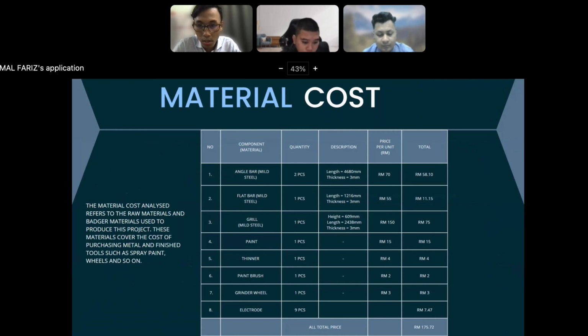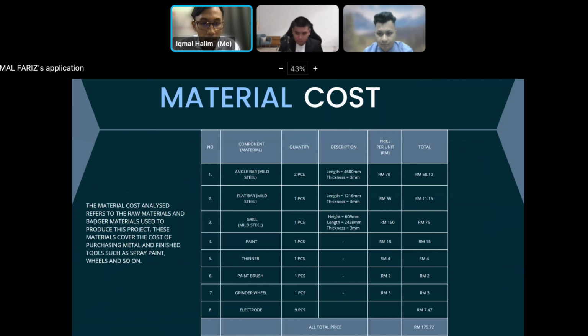If you can see, we have 8 components or materials for this project. First, angle bar, mild steel. Second, flat bar, mild steel. Third, grill. Fourth, paint, thinner, paint brush, grinder wheel, and electrode. For the total of the material, the angle bar is 58 ringgit and 10 sen.